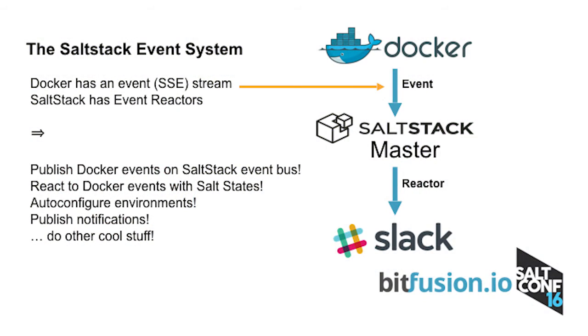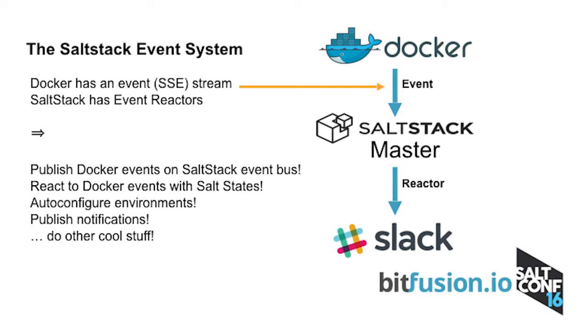So the SaltStack event system, if anybody was in the talk yesterday about this, allows you to trigger behaviors in Salt based on events coming from Salt minions. But we wanted to take that one stage further.